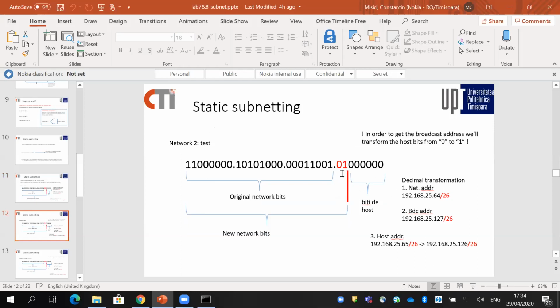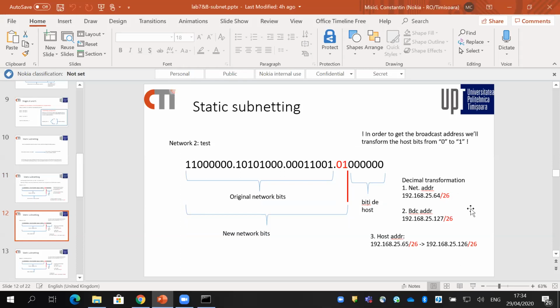So the 2 bits we've already borrowed, and we do the rest of the math similarly. So we've got 0, 1 here and zeros for the rest of the bits for hosts, and we add and we get a 64/26.